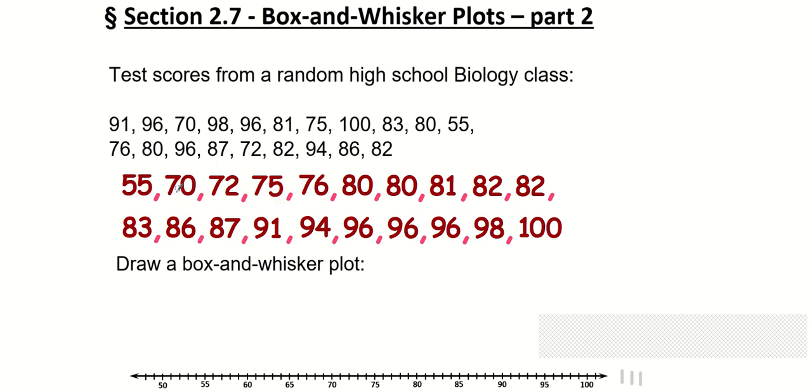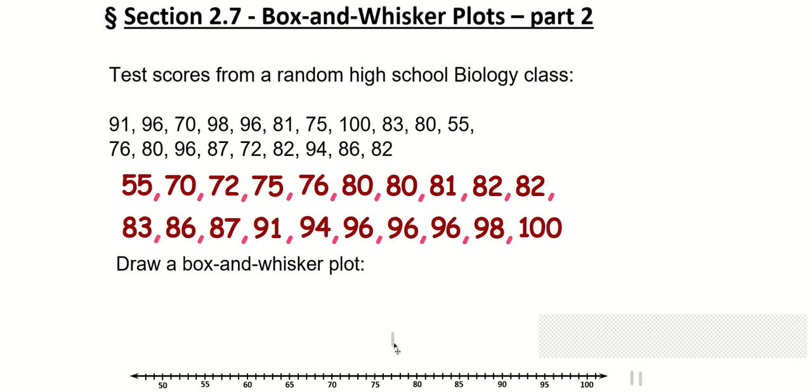But let's see, there's 1, 2, 3, 4, 5, 6, 7, 8, 9, 10, 11, 12, 13, 14, 15, 16, 17, 18, 19, 20. So there's 20 total numbers. So when we work our way to the middle, we're actually going to be in the middle of 82 and 83. So my overall median is 82.5.